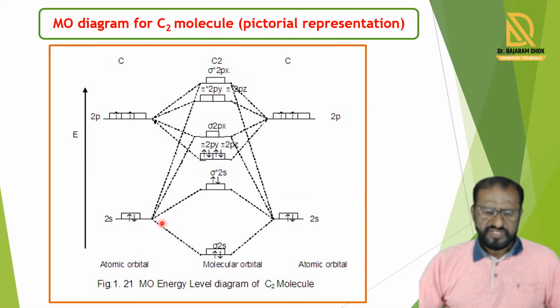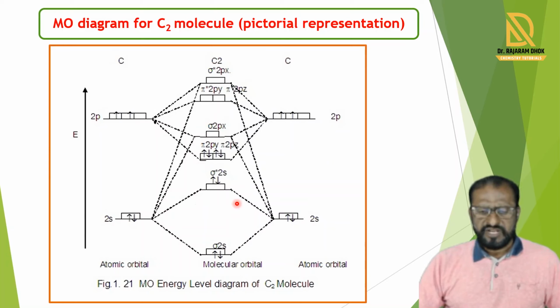Now, in the second case, first carbon atom's 2s atomic orbital and second carbon atom's 2s atomic orbital, when their wave functions are different, then at that time there is repulsion and antibonding molecular orbital is formed.